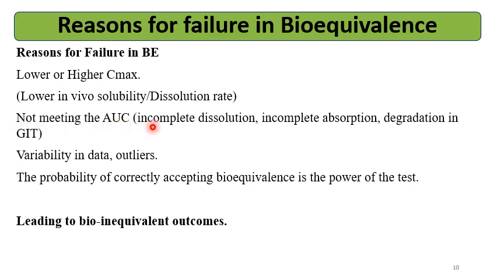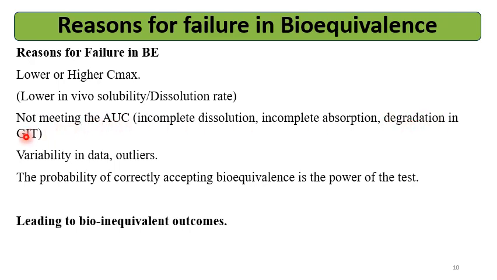That time it is said that there might be incomplete dissolution, and this dissolution is not in vitro, it might be in the body, that is incomplete in vivo dissolution. The absorption may be incomplete, that's why the total drug is not absorbed, and that unabsorbed drug gets eliminated through the GI, and that's why it results in the lower AUC.